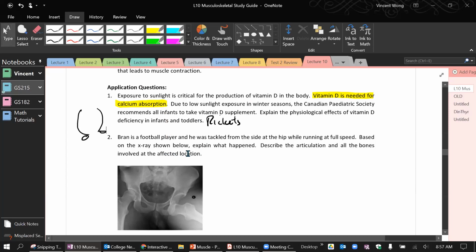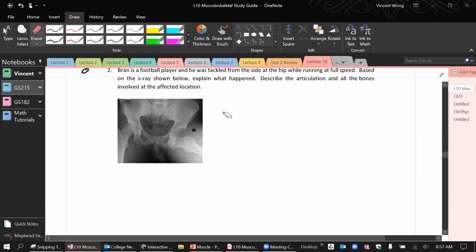Brand is a football player, and he was tackled from the side at the hip while running at full speed. Based on the X-ray shown, explain what happened, describe the articulation and all the bones involved. So we are looking at the hip here, and you can see there is a dislocation between the head of the femur and the articulation.